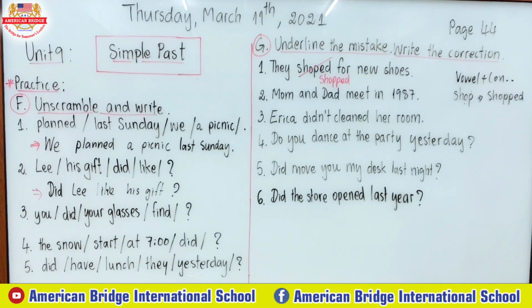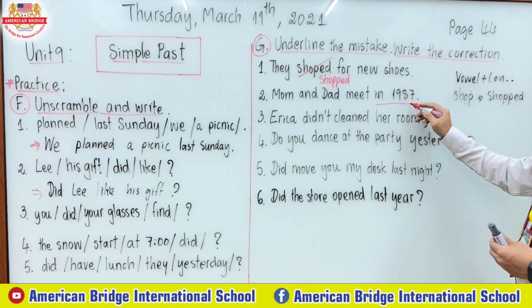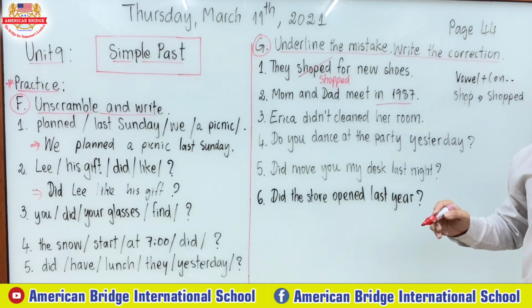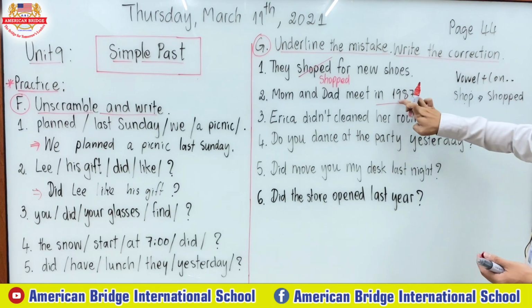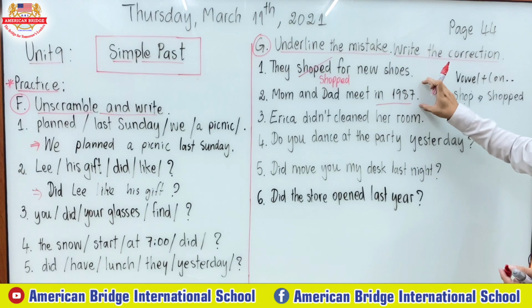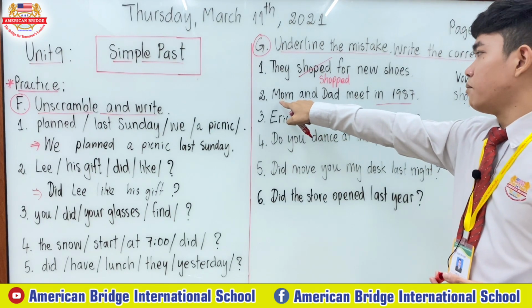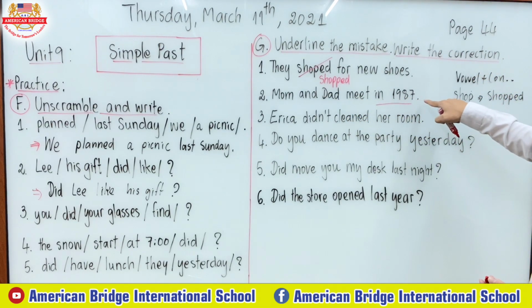Now number 2: mom and dad meet in 1987. In 1987 is a time expression, or we can call it a past time expression, right? So it happened in 1987. Something happened: mom and dad meet in 1987.